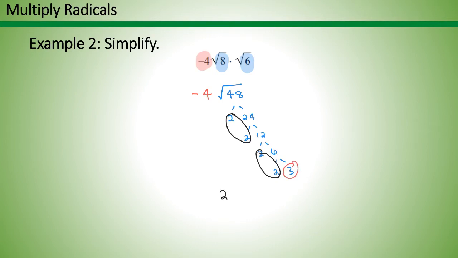So we have 2 times 2. Okay, this negative 4 is also on the outside. And then root 3. Okay, so negative 4 times 2 times 2, that's going to be negative 16 root 3.